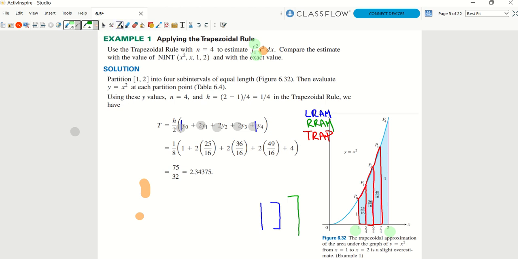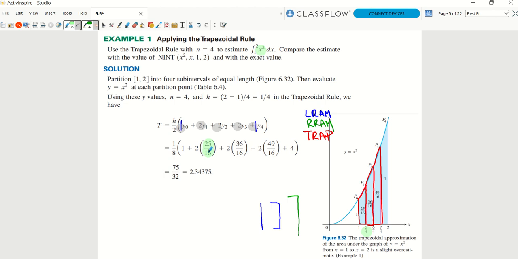So let's ask ourselves this: what is 1 squared? It's 1, and we plug that in for y sub 0. What is 5/4 squared?